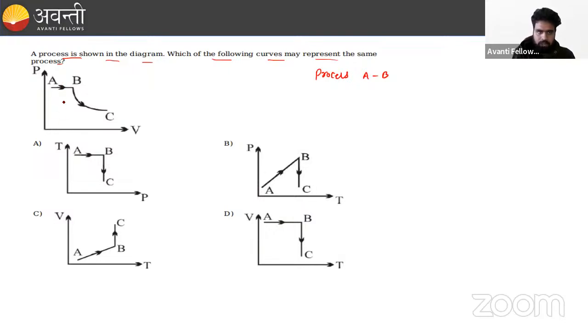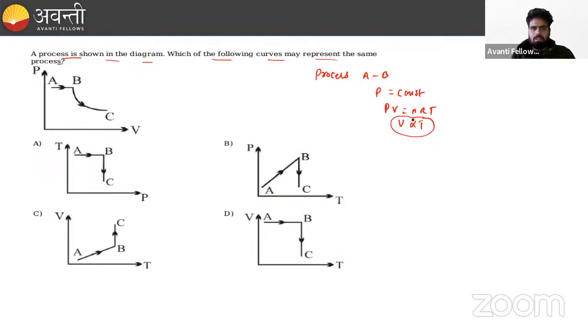In the AB process, our pressure is constant. And we know, by using the ideal gas equation PV = nRT, that if pressure is constant here, then volume is directly proportional to temperature.